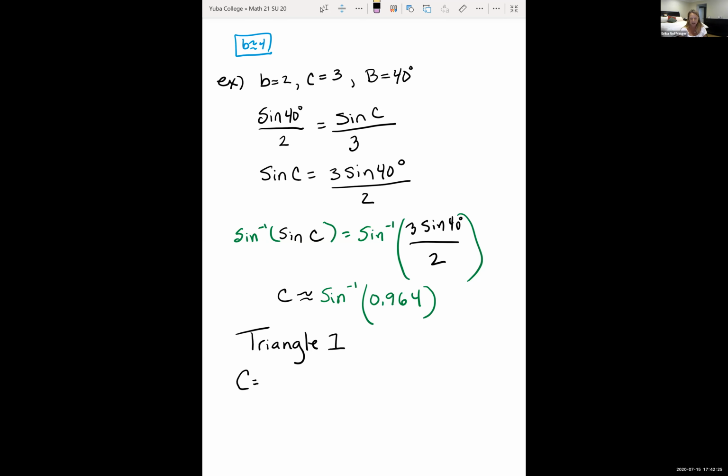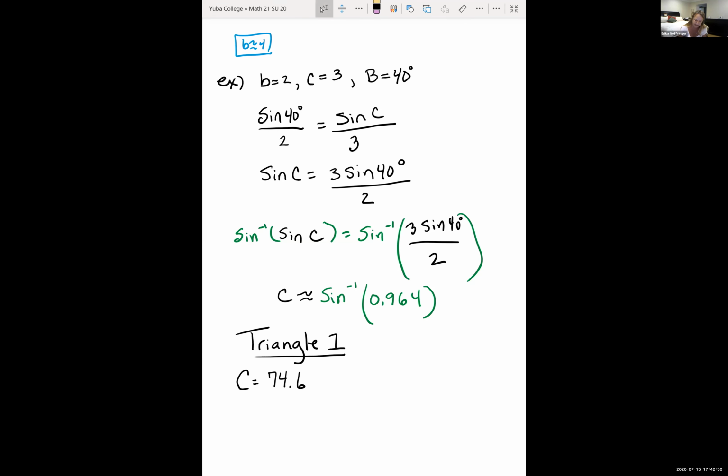I was going to round it up to approximately 75 degrees, but actually, I'm not going to round that up, because I know in the past, it's been so close, like a tenth away, where the triangle did exist, but if you round it up, you wouldn't see that. So let's say triangle 1 is this.